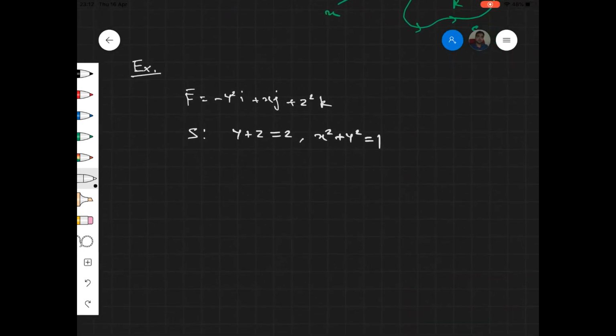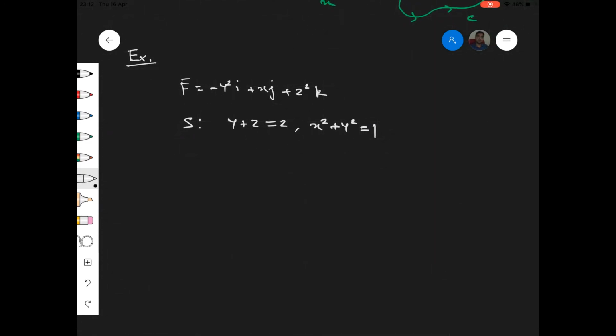So we want to verify the given vector field for this surface, that is, we want to check the line integral of F dot dr equals the double integral of del cross F dot n cap d rho.